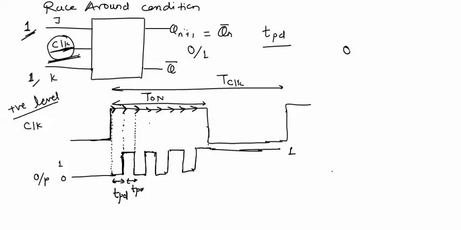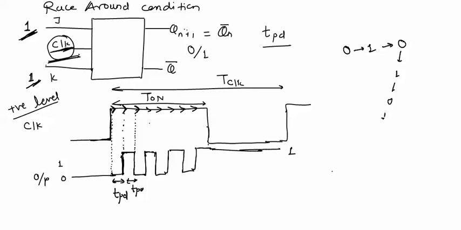Suppose the previous output was 0, it will be changed to 1. Again after triggering it will be changed to 0, 1, 0, 1, 0. In this way the output will be changed multiple times in a single clock pulse, even if the inputs are at constant level 1, 1. So the output is changing multiple times.